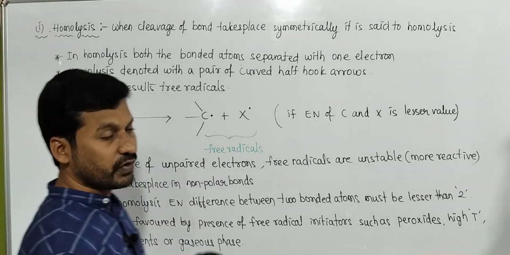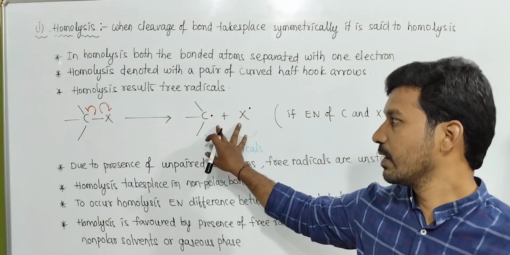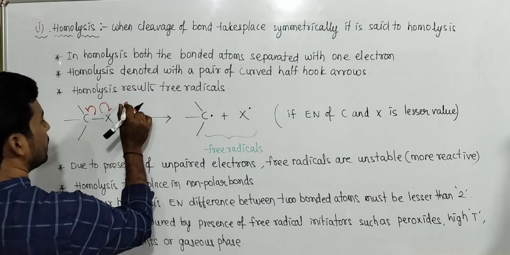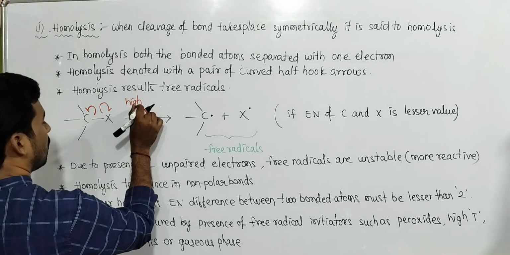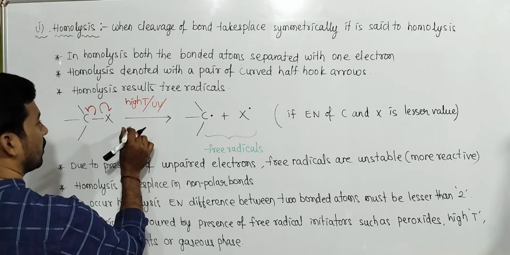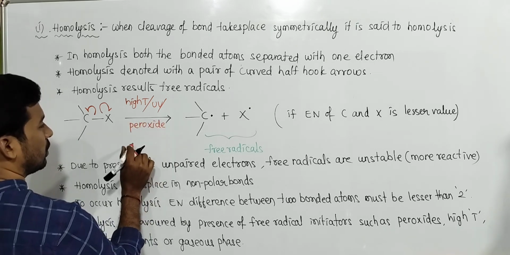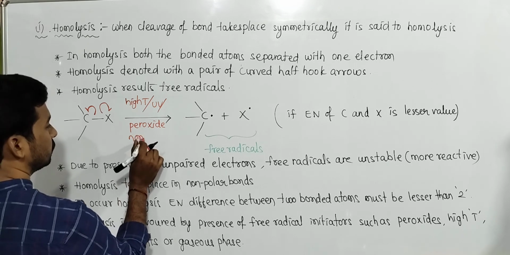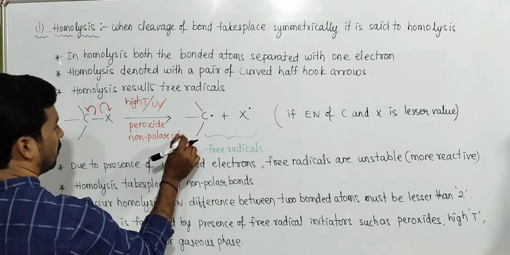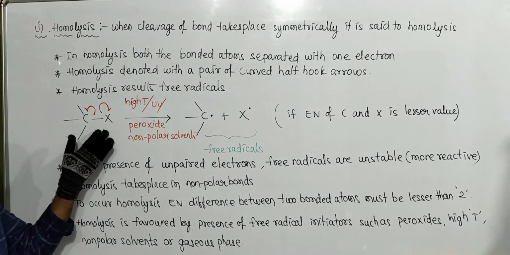Next, homolysis is favored by the presence of free radical initiators like high temperature, UV light, peroxide, non-polar solvents, and gaseous phase, that is, reactant in gaseous phase.